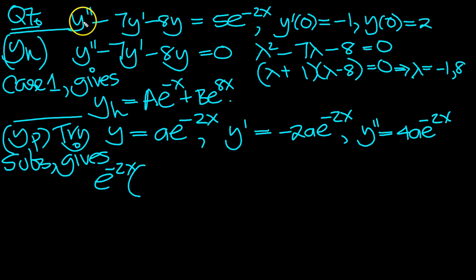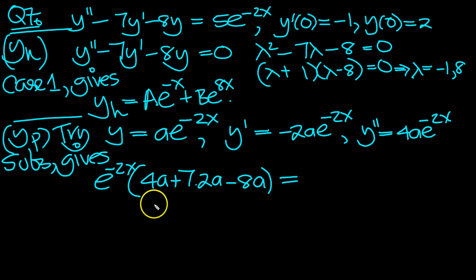So we've got y double dashed, which is 4a, times the term outside, minus 7y dashed. y dashed is minus 2a, and then it's minus 8y, and that's an a there, is equal to 5 e to the minus 2x. There we go. So we can divide by the e to the minus 2x both sides.